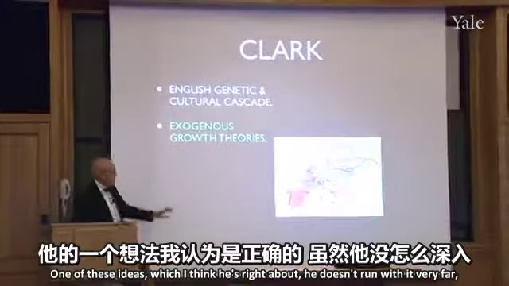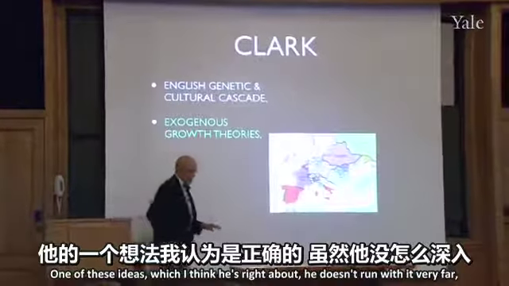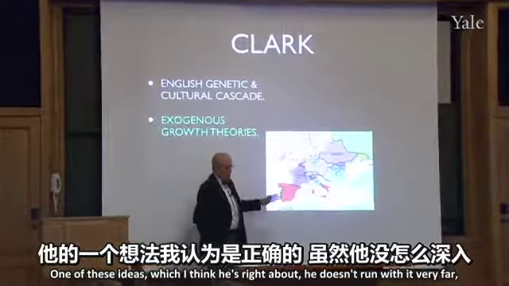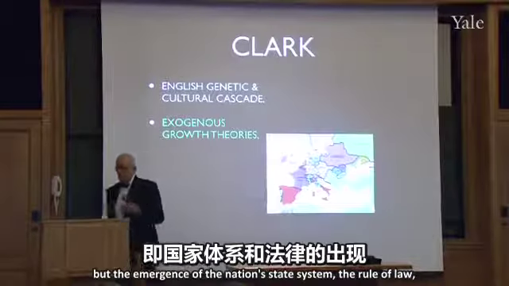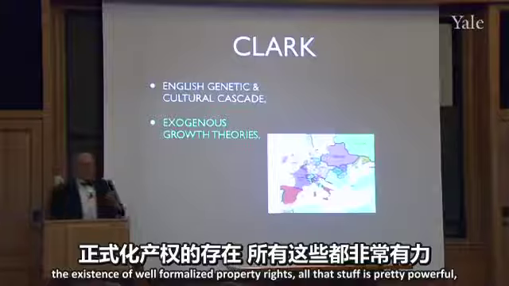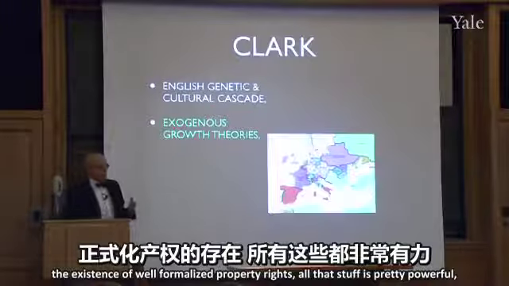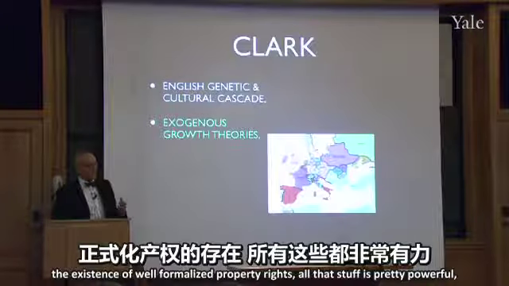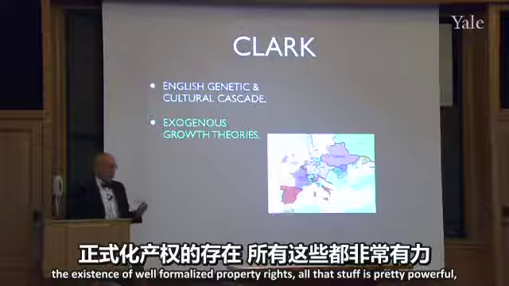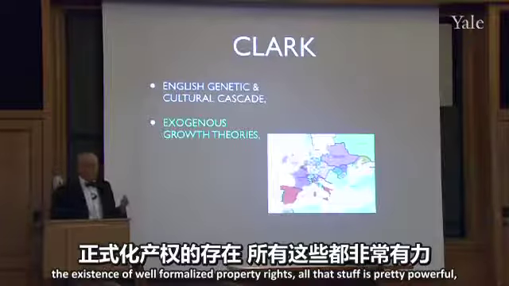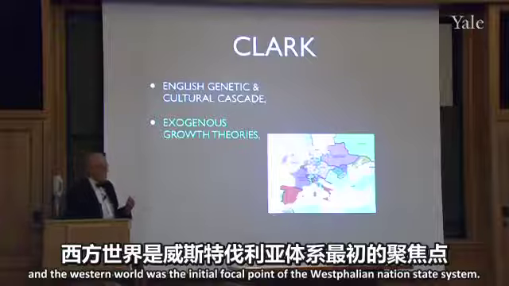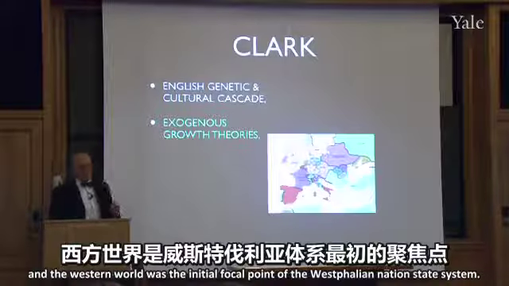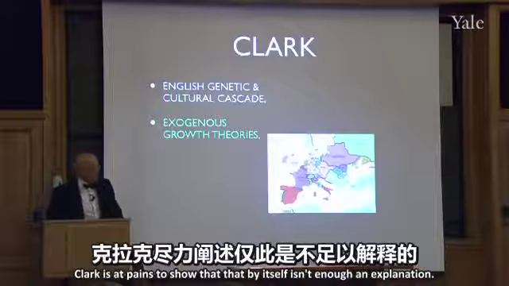And one of these ideas, which I think he's right about, though he doesn't run with it very far, is the emergence of the nation-state system, the rule of law, the existence of well-formalized property rights. All that stuff is pretty powerful, and the Western world was the initial focal point of the Westphalian nation-state system.